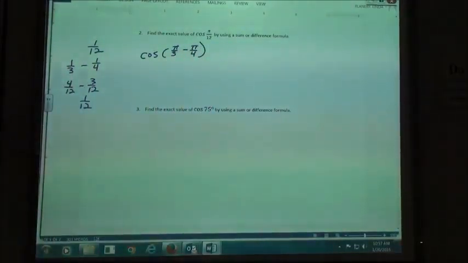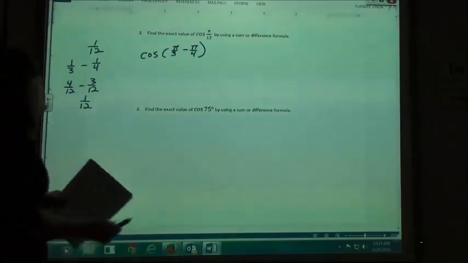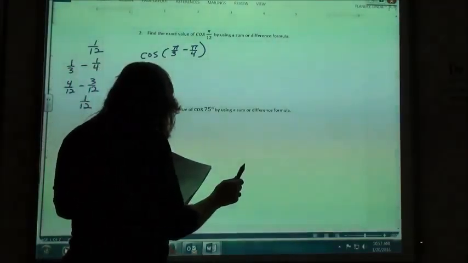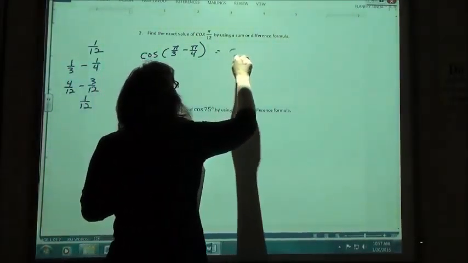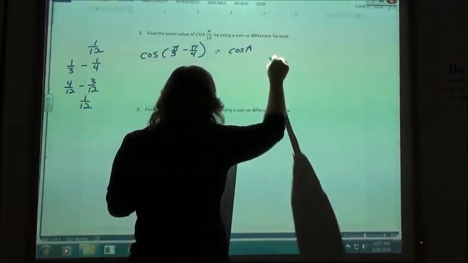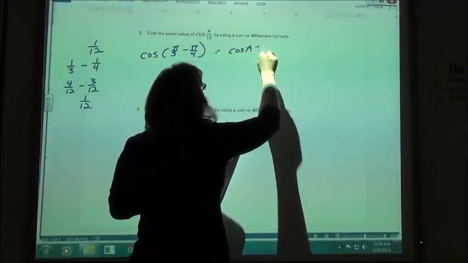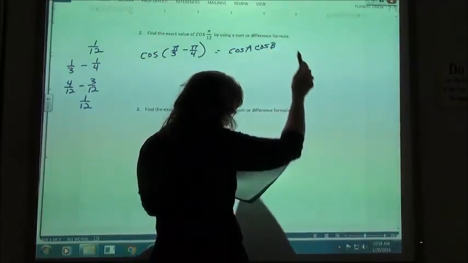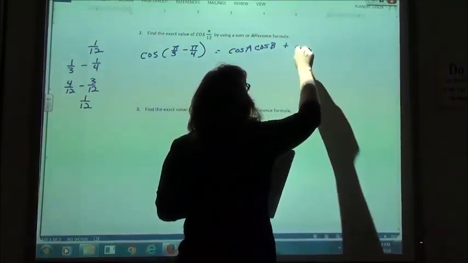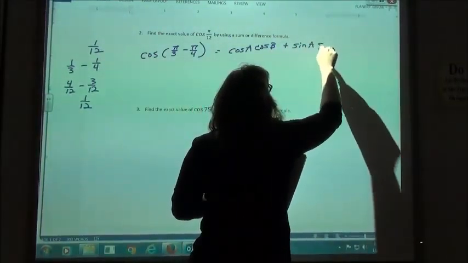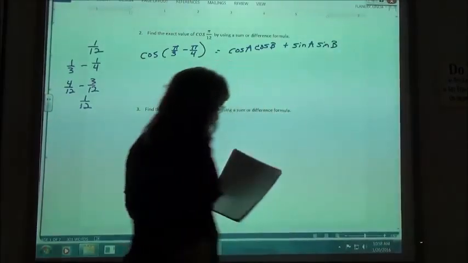Pi over 3 and pi over 4 are some of our common angles. So I'm going to do the cosine of A minus B, and if I look at the formula, it says I'm going to take the cosine of A, cosine of B, and add the sine of A, sine of B.